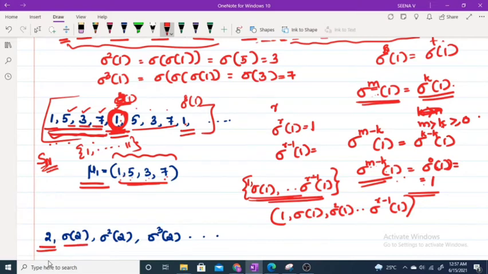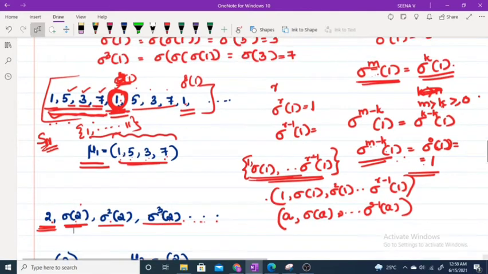2, sigma of 2, sigma square of 2, etc. So here we are assuming let A be the element in the set which is not in this set, and then consider A, sigma of A, up to sigma raised to s minus 1 of A. As in our previous case, 2, sigma of 2, sigma square of 2, sigma cube of 2, etc., at some point these values may be equal, and that repetition must be equal to 2.